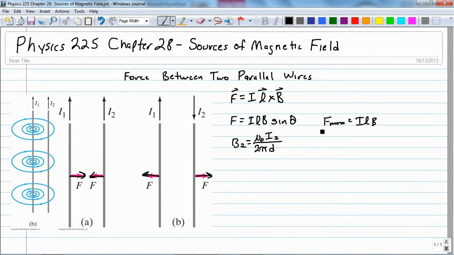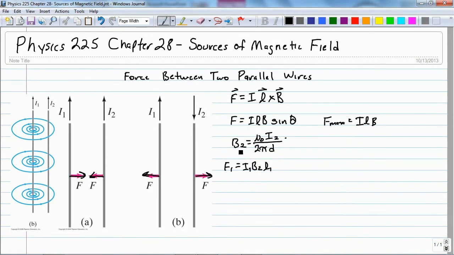And if I put this into our force equation, my force on wire 1 is going to be equal to I1 times B2, my magnetic field due to wire 2, that's going to be current 1 times the length that wire 1 and wire 2 are together, so we have length 1.